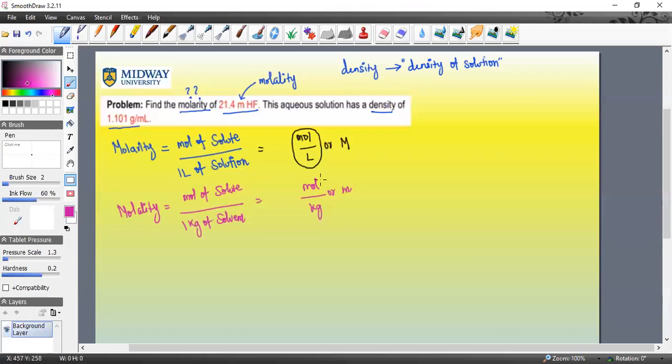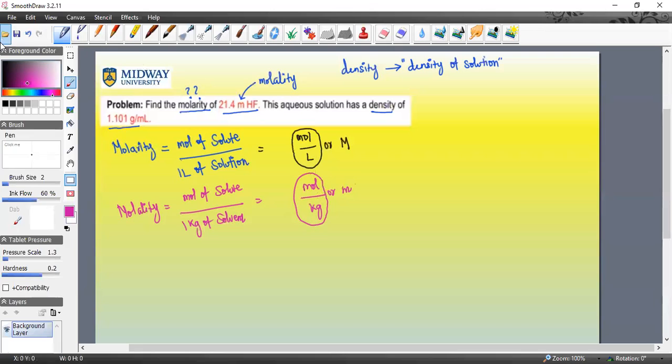Now the bottom line of this problem is, if you notice these 2 units within the black and the pink circles, the numerator is exactly the same, which means we don't even need to solve that part. It's only converting the kilogram of the solvent to a liter of the solution that is going to be the only focus of the remainder of the problem.